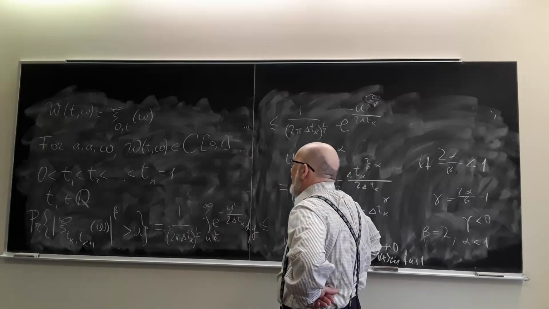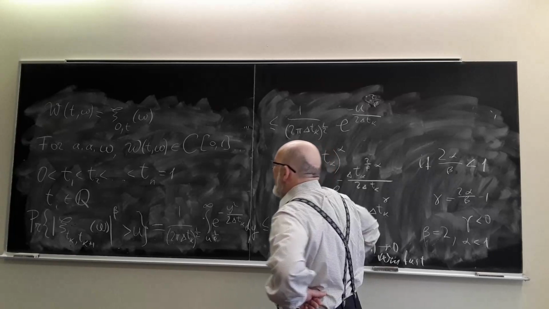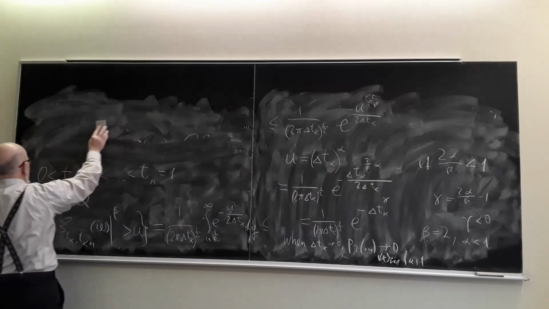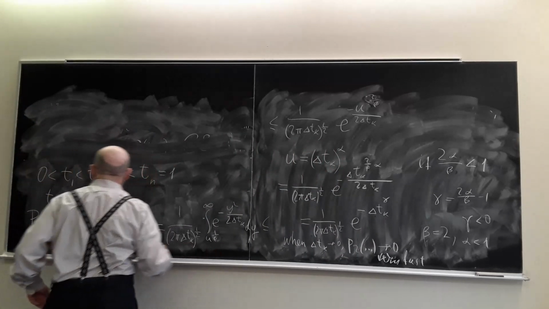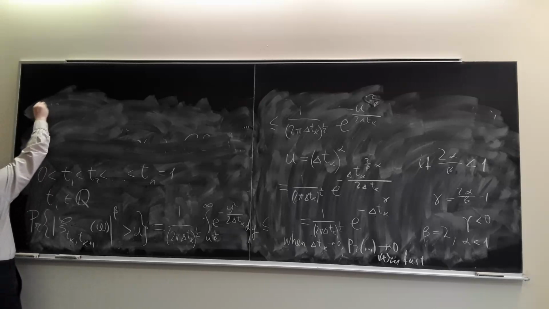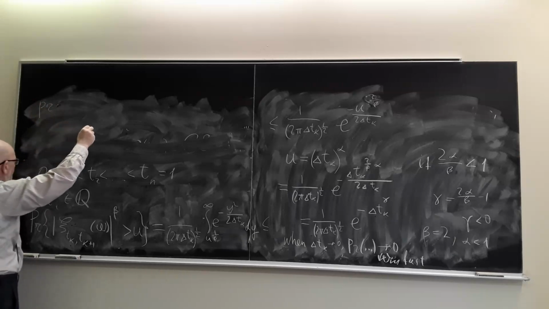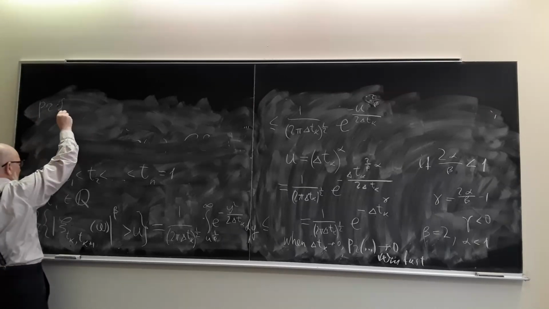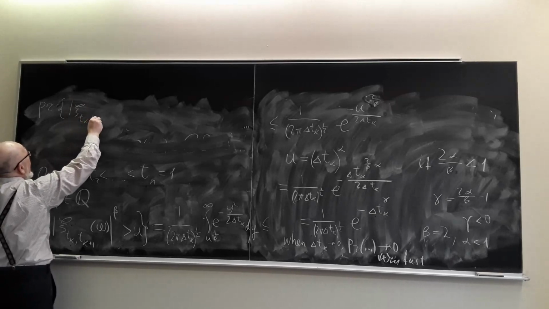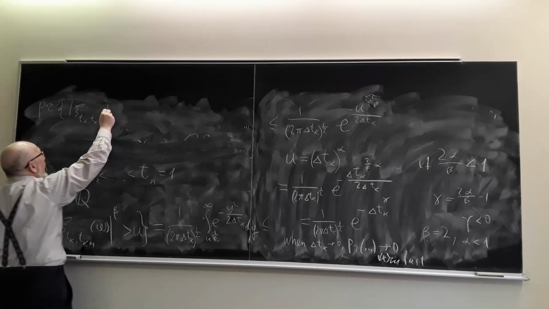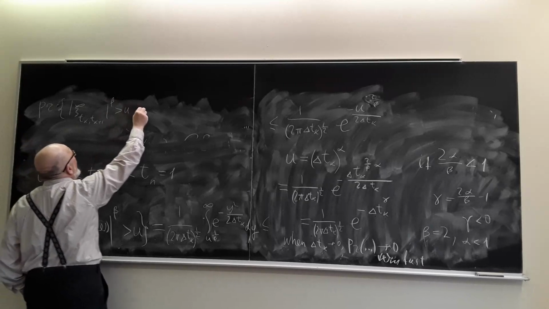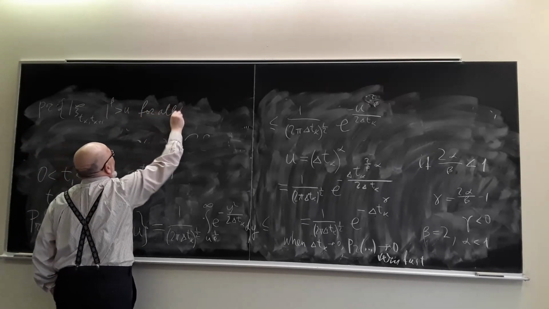And now, yes, this means that the probability of the following, t_{k+1} to the power beta more than u for all k.